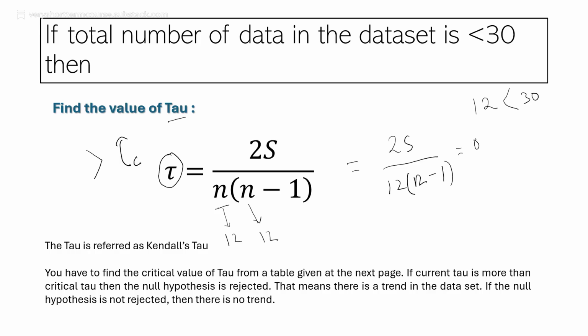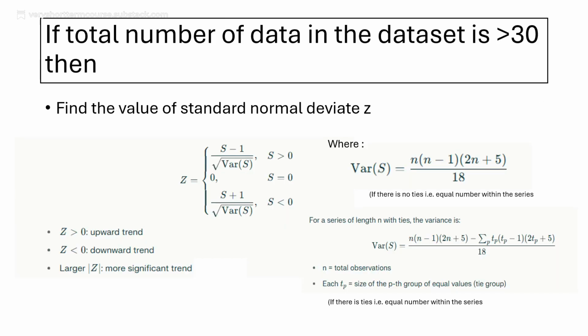Okay, if you have more than 30 data points, then what you will do is calculate the value of Z. Here also you have to use the S, and you have to calculate the variance of S with the help of this formula.